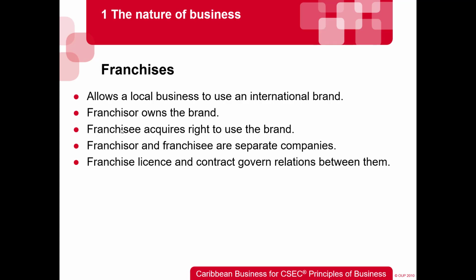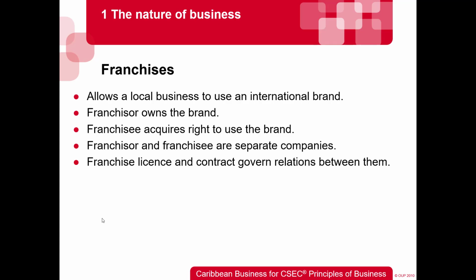You have to work according to the license agreement and the contract. So if the license agreement says the logo should be red, then you have to make the logo red. If the license agreement says you need 3 bathrooms in your establishment, then you have to make sure you have 3 bathrooms in your establishment.